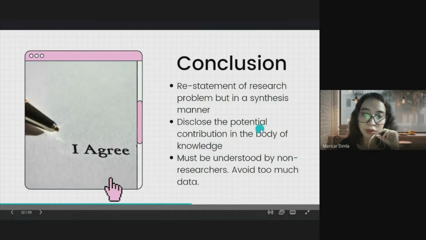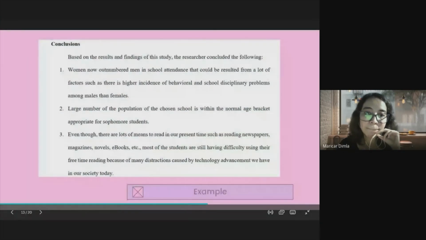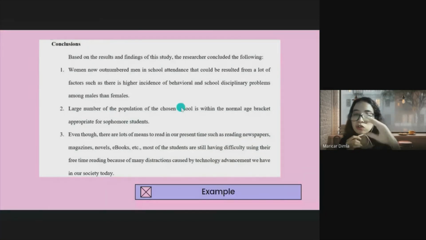Let's have the example here. So, class, itong conclusion na to, based to on the findings of the study. You revisited your statement of the problem. That is the number 1 rule. Pero this time, class, we avoided to input figures or numbers, so baka nga wala kayo makikitang figures or numbers dyan kasi hindi na natin siya kailangan.